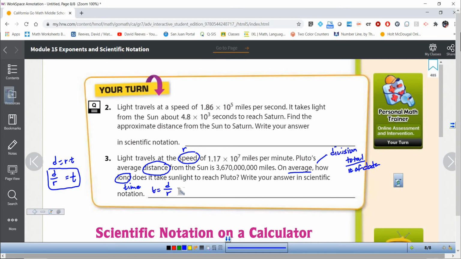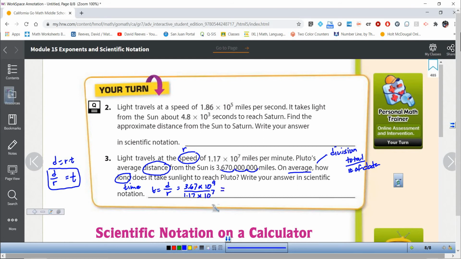So the distance was, now I'm going to change this to scientific notation, 3.67 times 10 to the 9th. That is our distance, the distance from Pluto to the sun. The speed of light is 1.17 times 10 to the 7th.